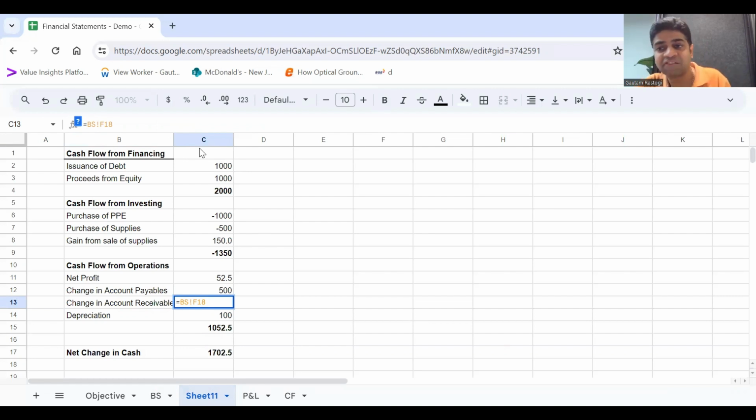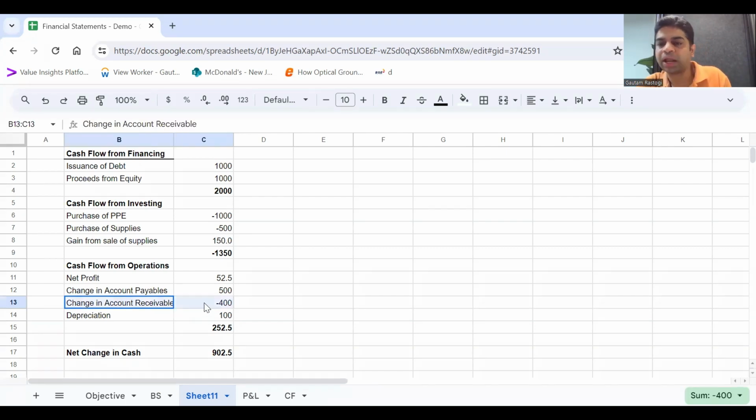You don't have that money yet, so it's a drag on your cash. It reduces your cash. 1,300 something was your cash earlier, and now it has dropped to 900 because earlier we had assumed the customer had paid you right away, but now we are saying the customer did not pay 400 right away. They just paid you 100. So that's why we had to do this accounting adjustment here, and prefix it with a negative sign.